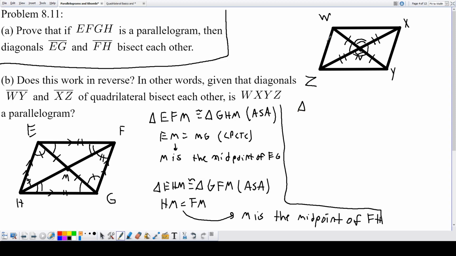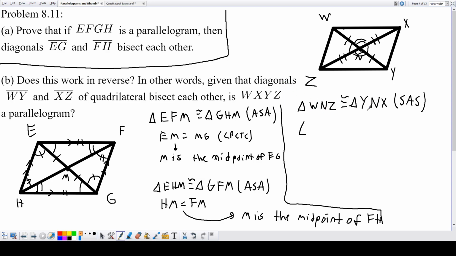Triangle WNZ must be congruent to triangle YNX because of side angle side congruence.